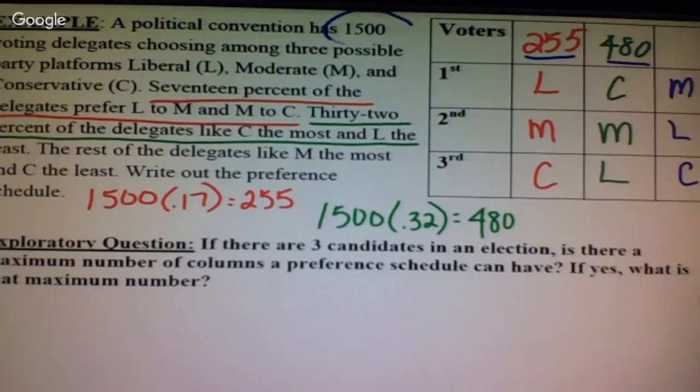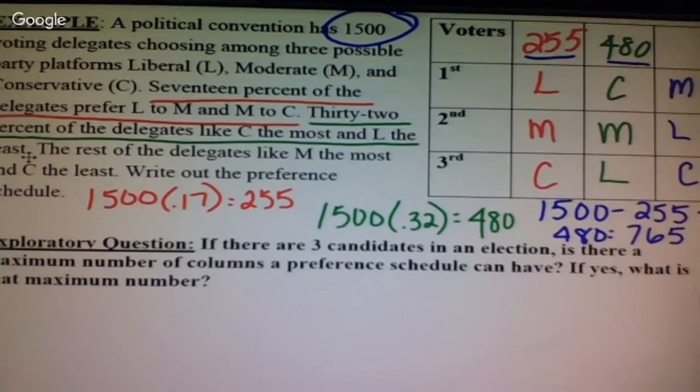Well, my total's got to reach 1,500. So if we add these two together and subtract it from 1,500, we get our final answer. So in other words, we need to do 1,500 minus 255 minus 480, and that gives me what? 765. Okay, so 765.